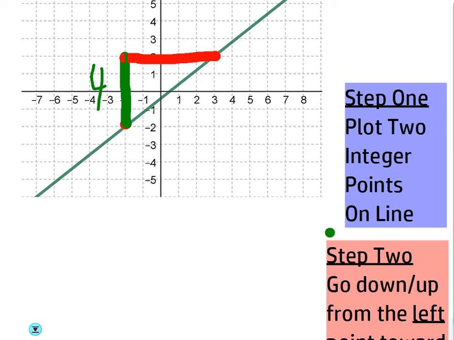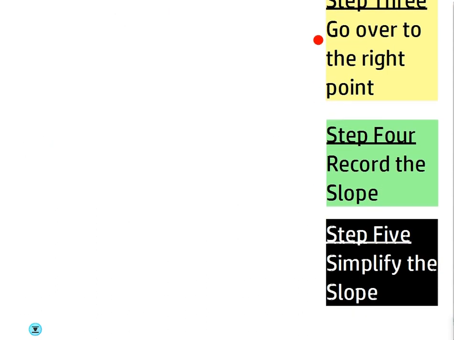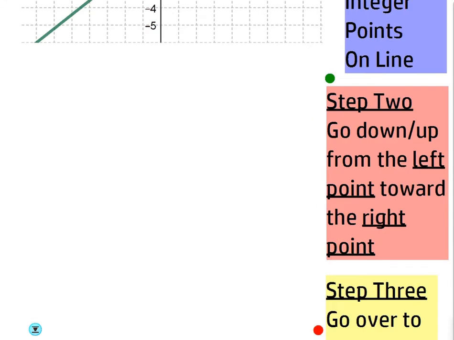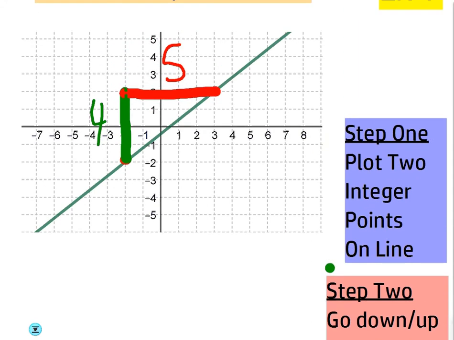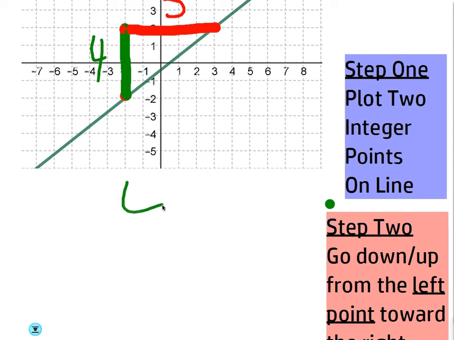So how many units is it from -2 to 3 if we go over to the right this way? 5. So 5 grid lines total we went over. Now we can record the slope. Remember, it's how much up you went divided by how much over you went. So the answer is going to be 4 over 5. That's going to be your slope.